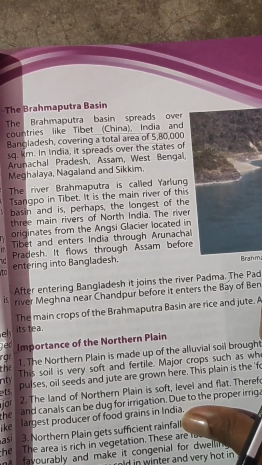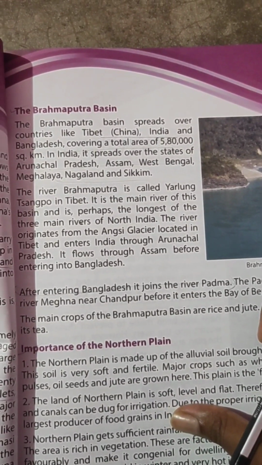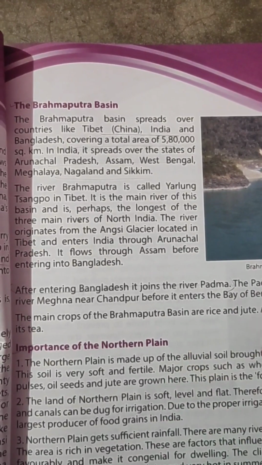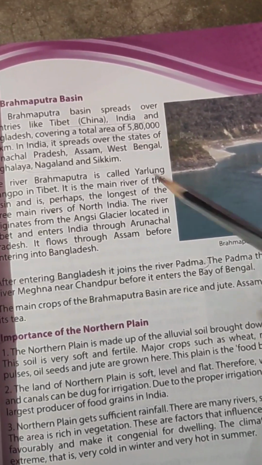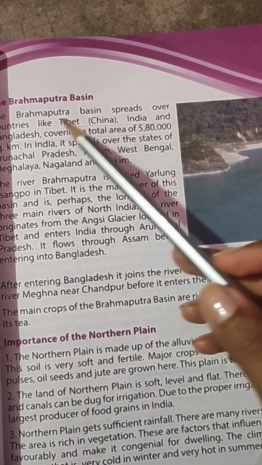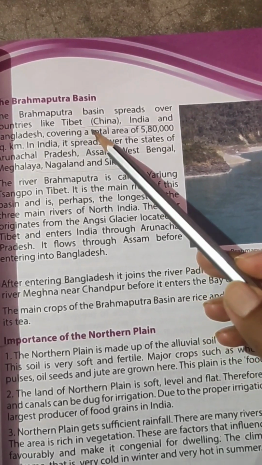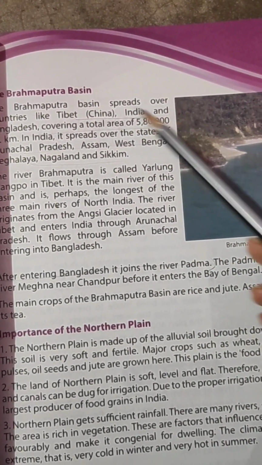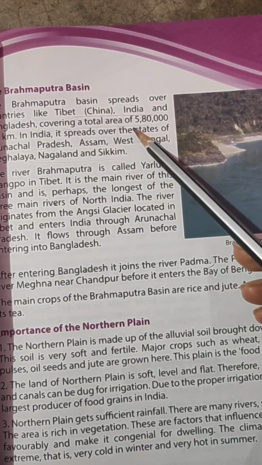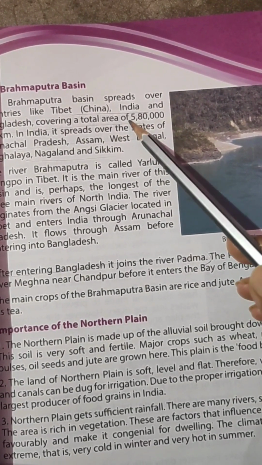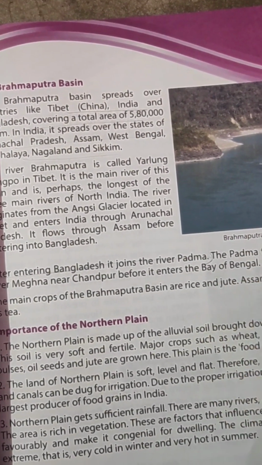Then we have the Brahmaputra basin. See, the Brahmaputra basin spreads over countries like Tibet, India, and Bangladesh, and it covers a huge area.